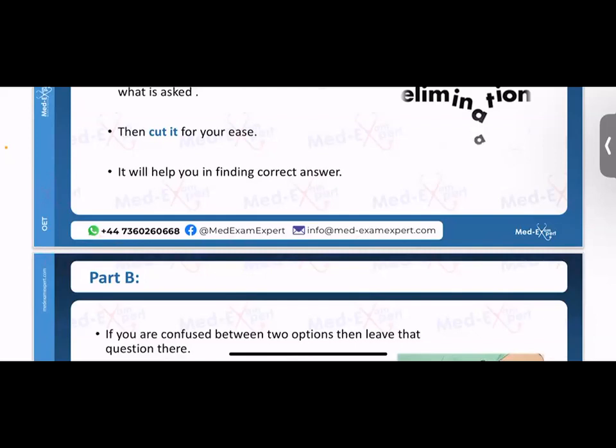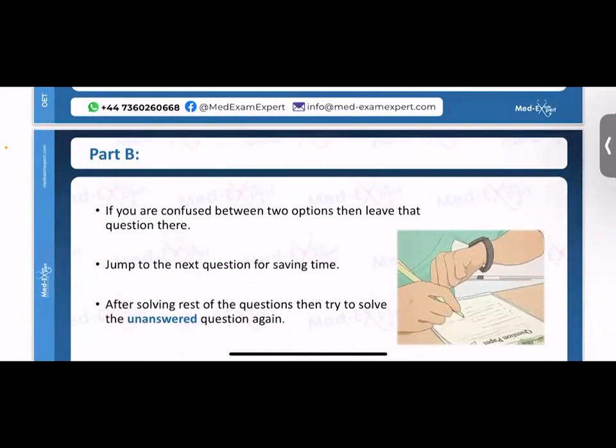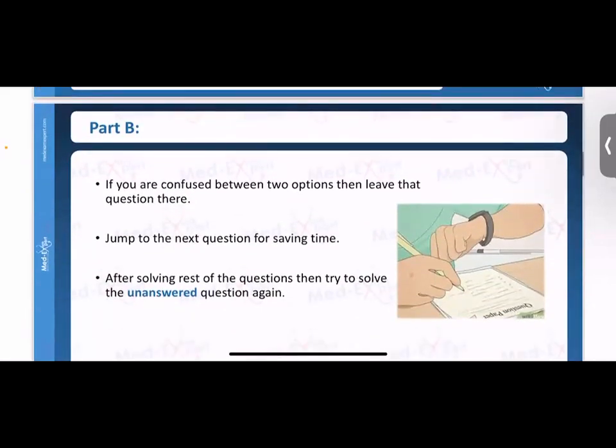By which you can get your answers corrected. Okay. So if you are confused between two options, then leave that question there. This is a very helpful strategy as well. If there is a confusion between option B and C, and you have eliminated option A, then rather than wasting your time on these two options, you should proceed to the next question.